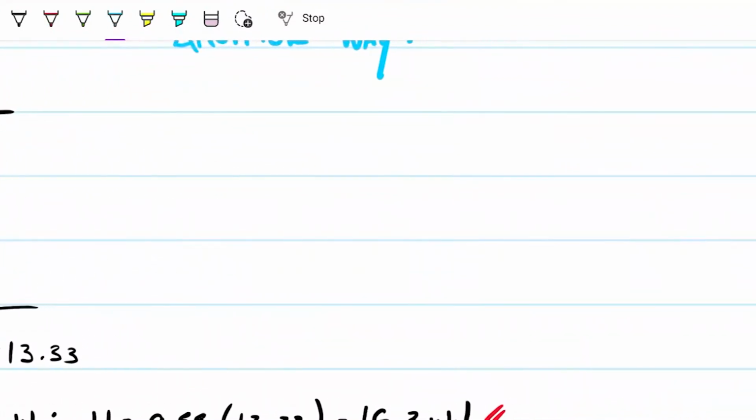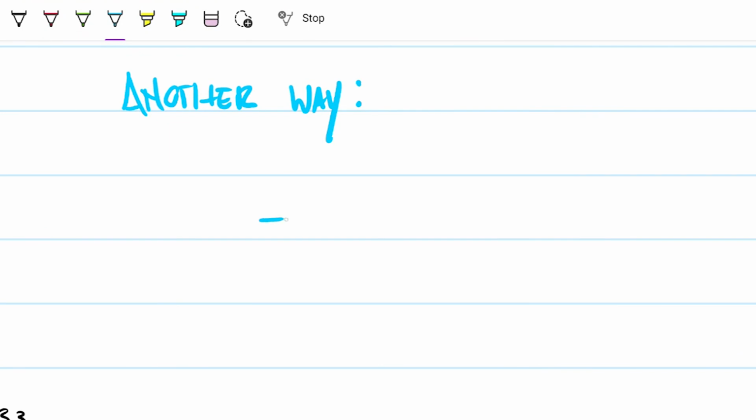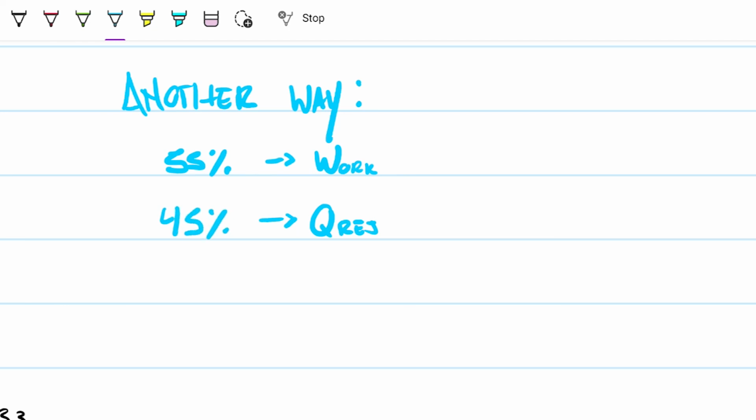We calculated that from the beginning, right? So Q rejected. And I knew the efficiency was 55%. So I knew 55% was what was outputting my useful work. If 55% was being outputted as work, then automatically 1 minus 55, 45%, was being rejected.